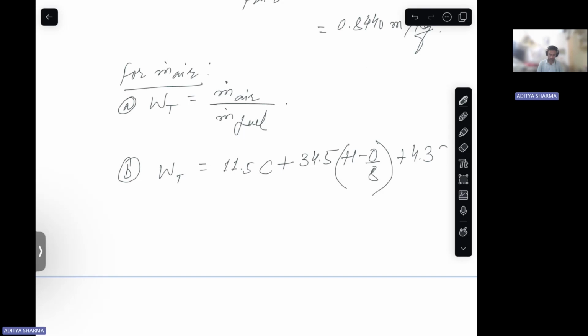Though I'm using this expression in lecture 16, I believe this expression is there in lecture number 17. So please, if it is in lecture 17, you can find it there only. Okay. So now for carbon, hydrogen, sulfur, all the fractions have been given, right?